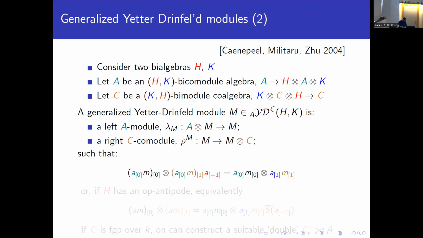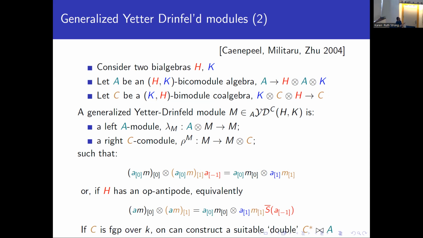And it has some compatibility, and the compatibility of course is similar to the one of the usual YD module or the more general version. But here we need to be careful because I write in color. I hope it's clear. But basically, it uses all the structure of the A bicomodule algebra and the C bimodule coalgebra here. Of course, again, it reduces to the usual case if everything is the same Hopf algebra or bialgebra.